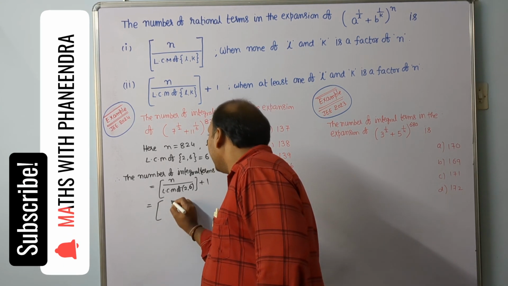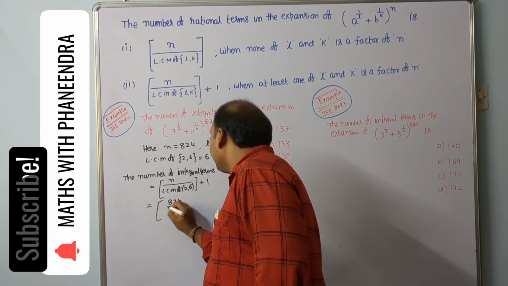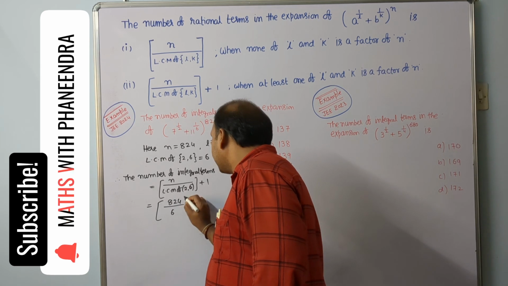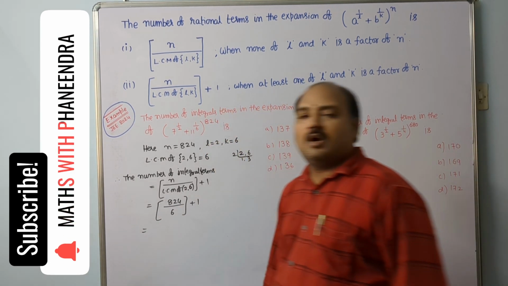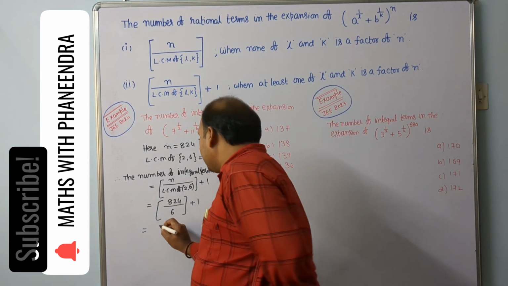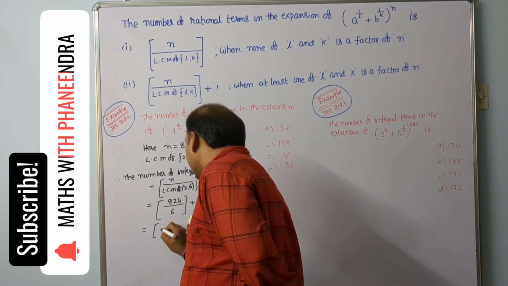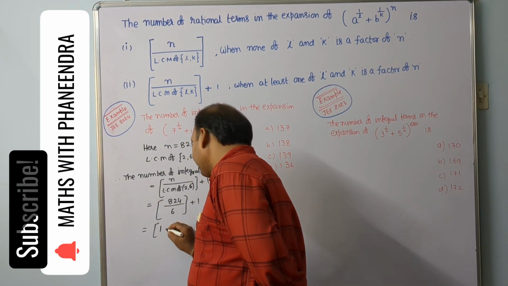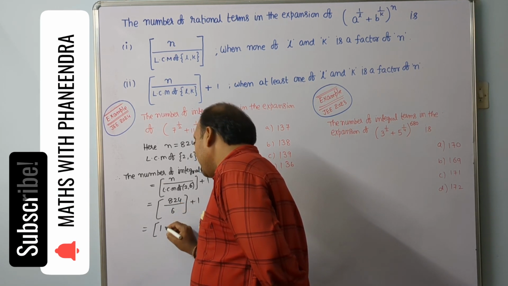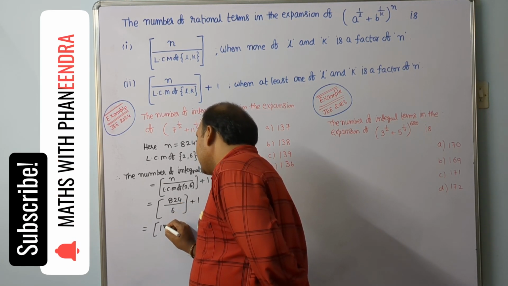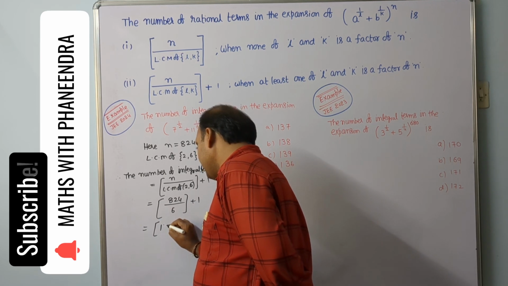So n value 824 divided by LCM 6, plus 1. How many times? 6 ones are 6, so 2 is remaining. 22 means 6 threes are 18.